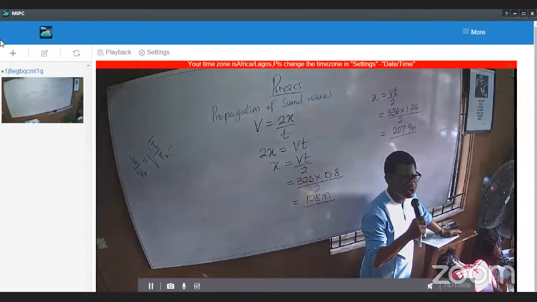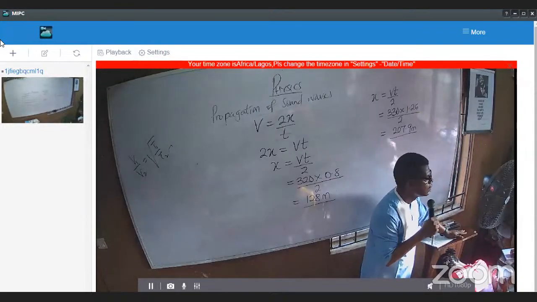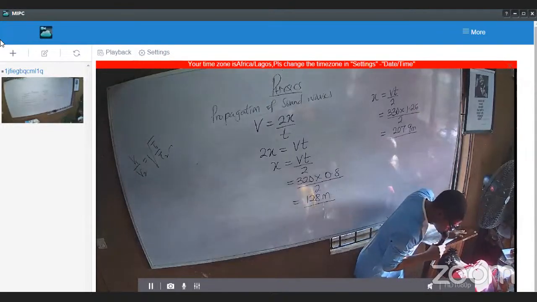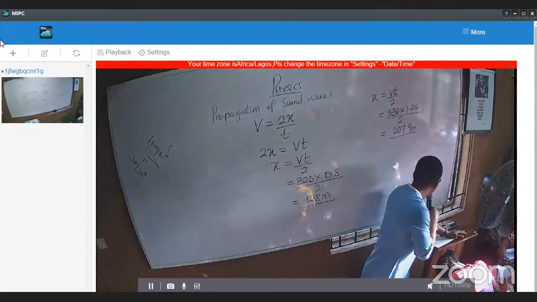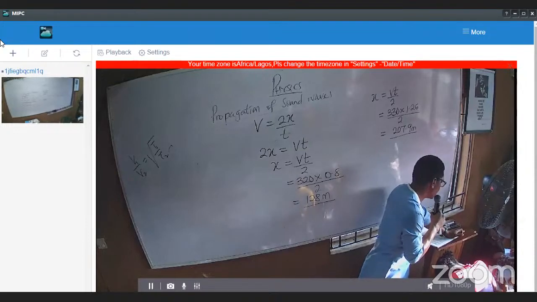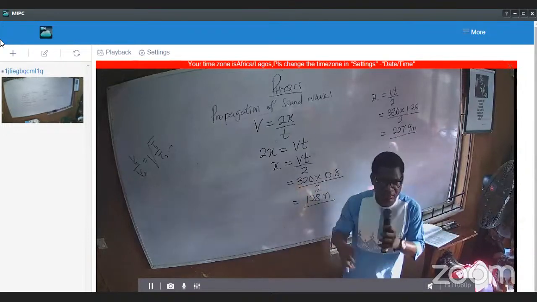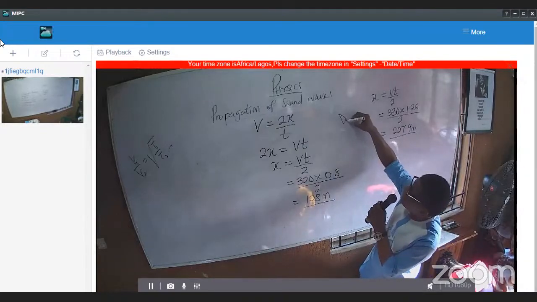Option B, refraction. Option C, reverberation. Option D, Doppler's effect.